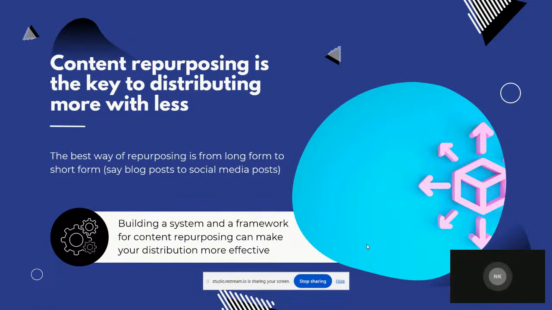So basically, it's about creating what I call foundational content, which you can then go ahead and repurpose into other formats. Now, the key thing to note here is that when you do content repurposing, I always recommend starting with long form content, like a blog post, like a webinar, so that you set a foundation on which you can build. Right?